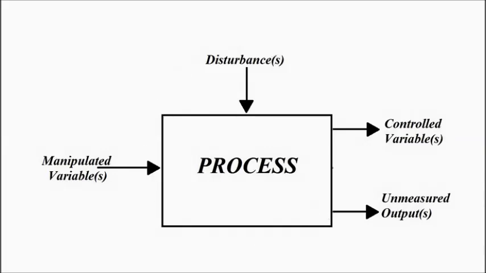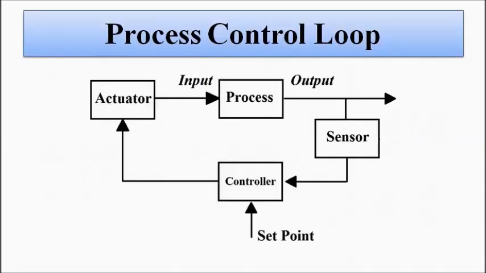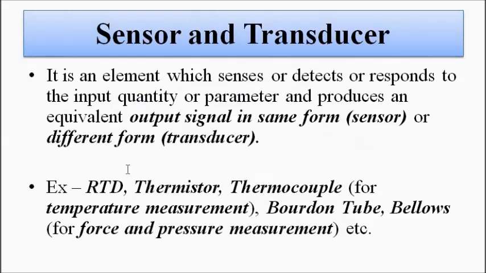Now let us discuss each of these individual blocks in short. First, sensor and transducer. I have already discussed it many times in biomedical, in sensors, transducers. It is an element which senses or detects any change in the input parameter or quantity for which we have installed it to measure, and produces an output signal in the same form or in a different form.